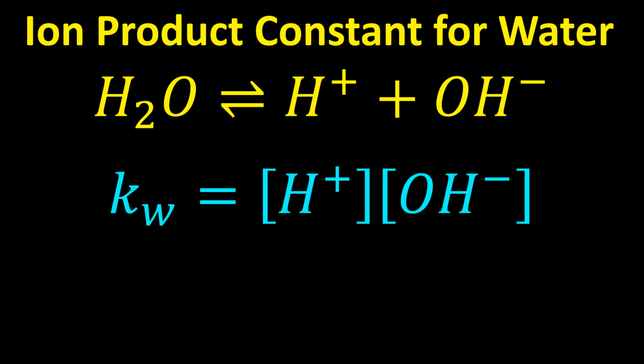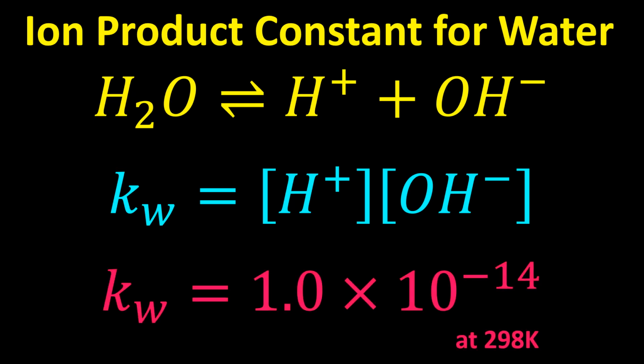So if we take the concentration of the hydroxide ion and multiply it by the hydrogen ion concentration, that gives us a constant for water. And that constant is Kw. Kw always equals 1.0 times 10 to the negative 14th at room temperature.